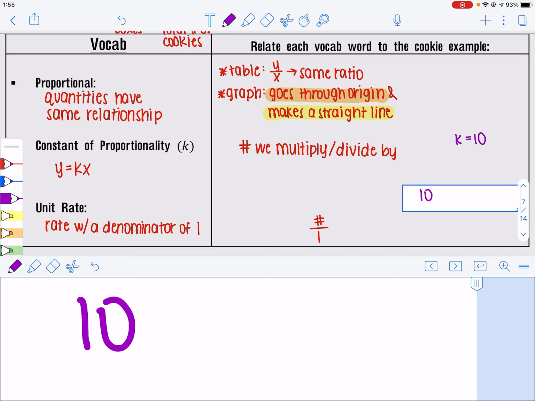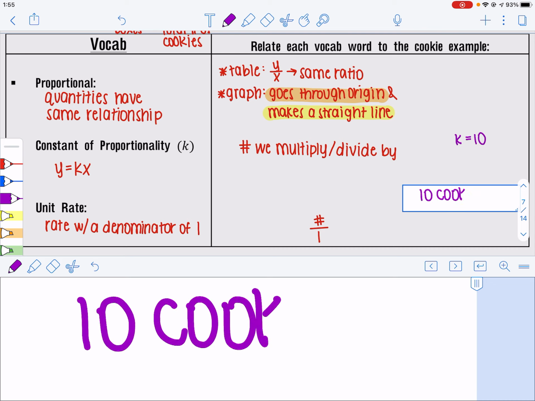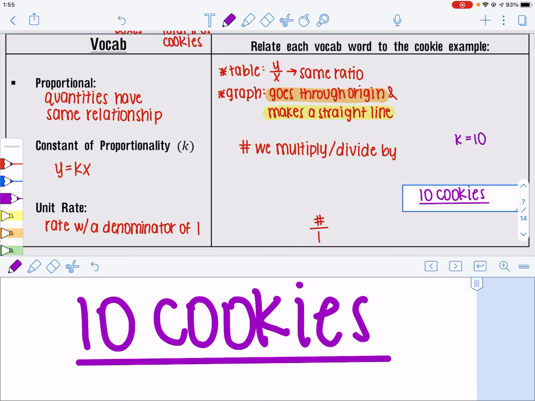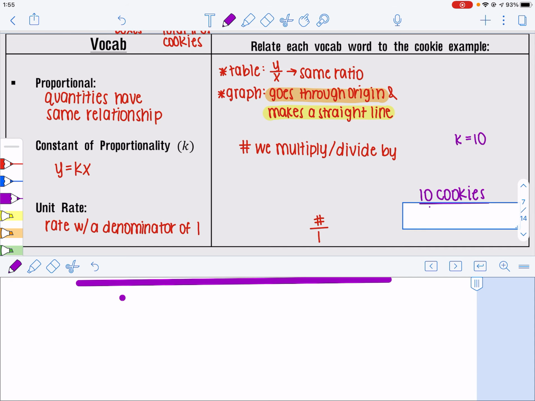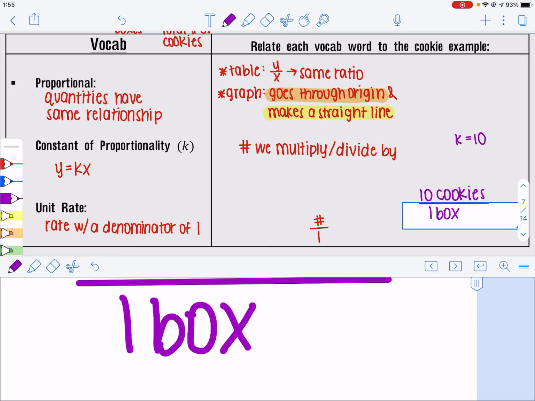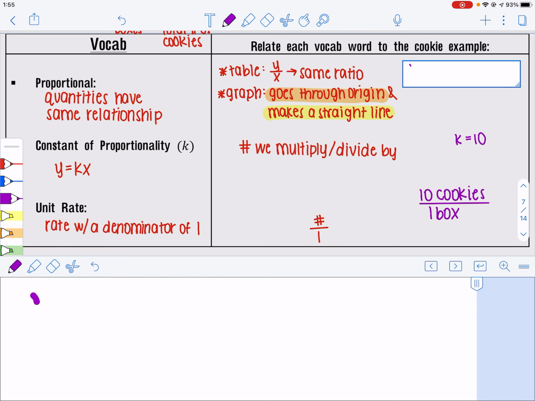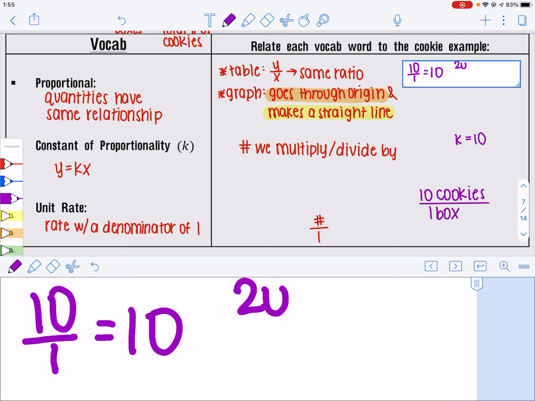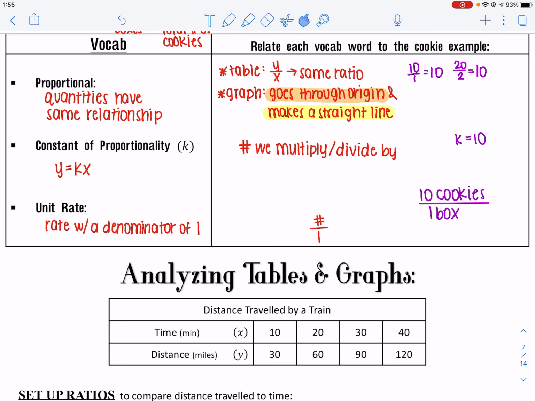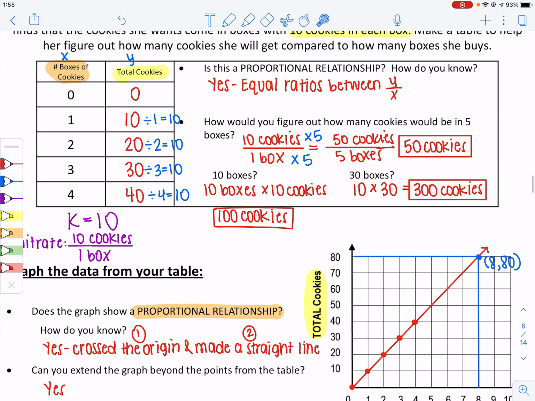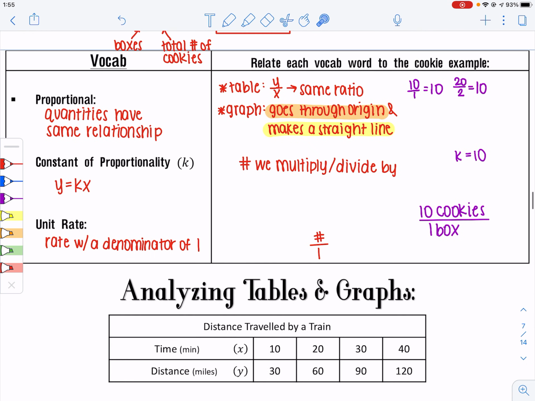And then we just said it's 10 cookies over 1 box. Okay, and to get that, we would do 10 divided by 1 gives us 10. We also did 20 divided by 2 in our table. Also gives us 10. So I'm just rewriting what we did. We did 10 divided by 1, 20 divided by 2, 30 divided by 3, and 40 divided by 4 are the other things we did.